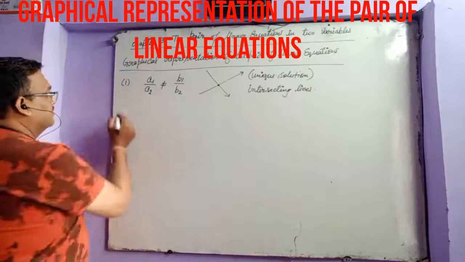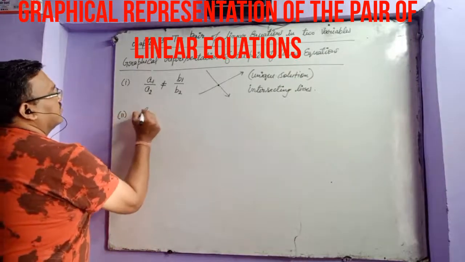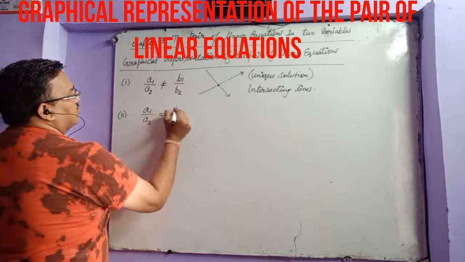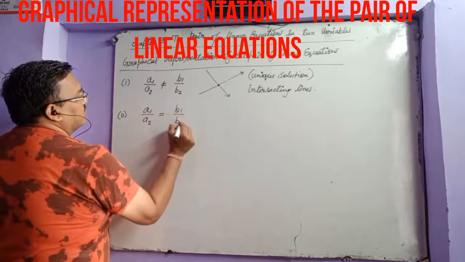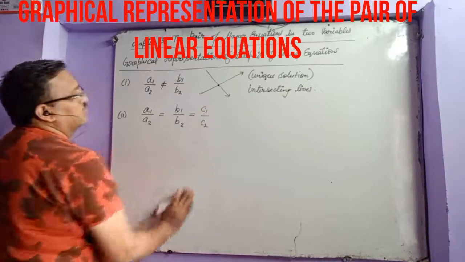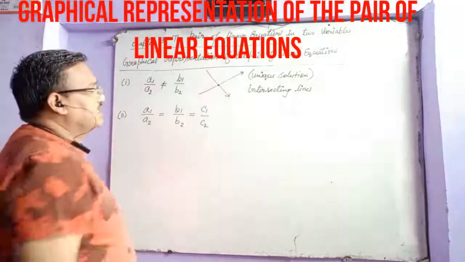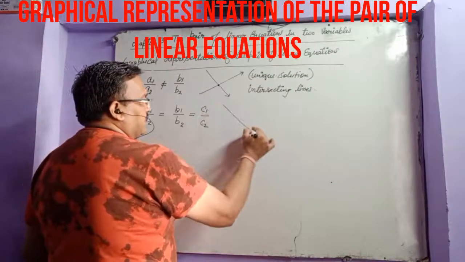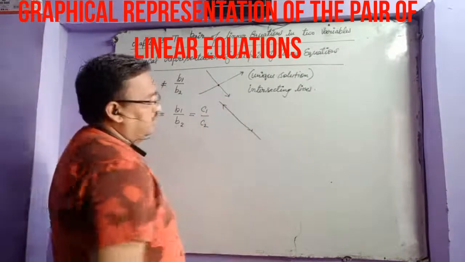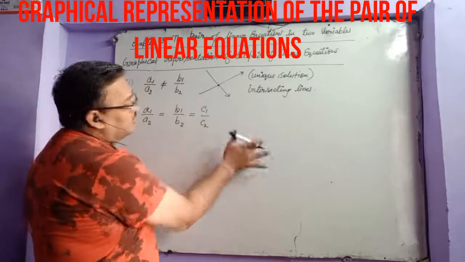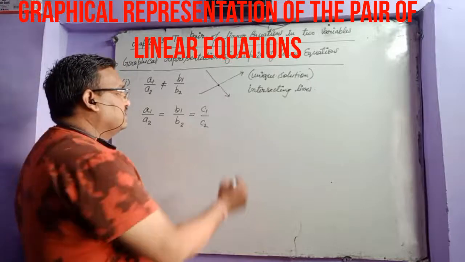Second point is, if a1 over a2 is equal to b1 over b2 is equal to c1 over c2, then these lines are known as coincident lines. Both the lines are overlapping each other.